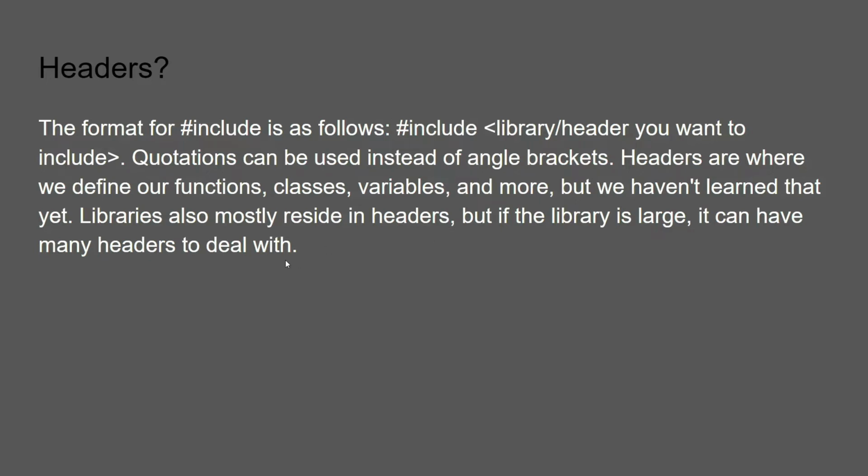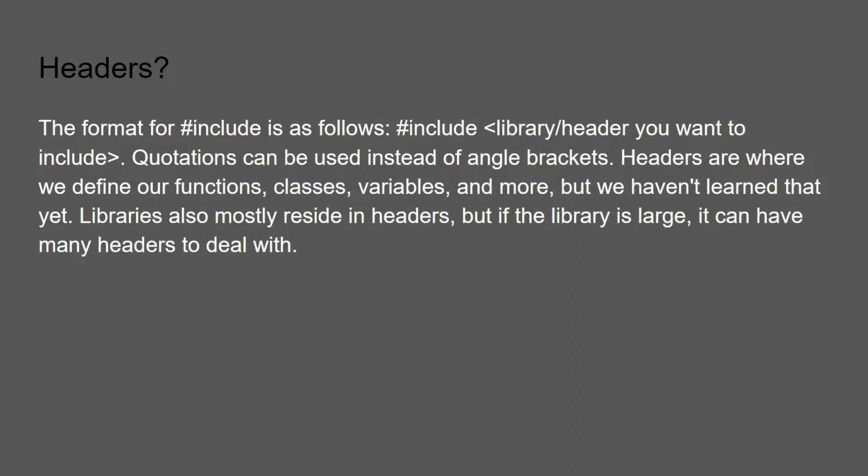Headers are where we define our functions, classes, variables, and more, but we haven't learned that yet either. Libraries mostly reside in headers, but if the library is large, it can have many headers to deal with. The input and output library, or the input and output set of functions, is only one header, so we don't have to worry about multiple headers.